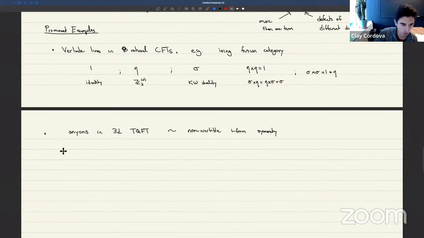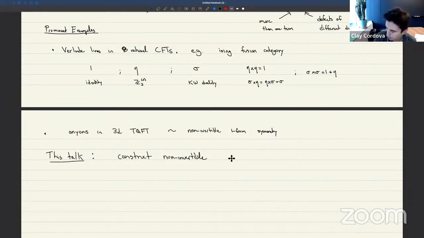Okay, so let's keep going. So what am I going to do in this talk? I'm going to construct some non-invertible defect. We'll call this a duality defect.